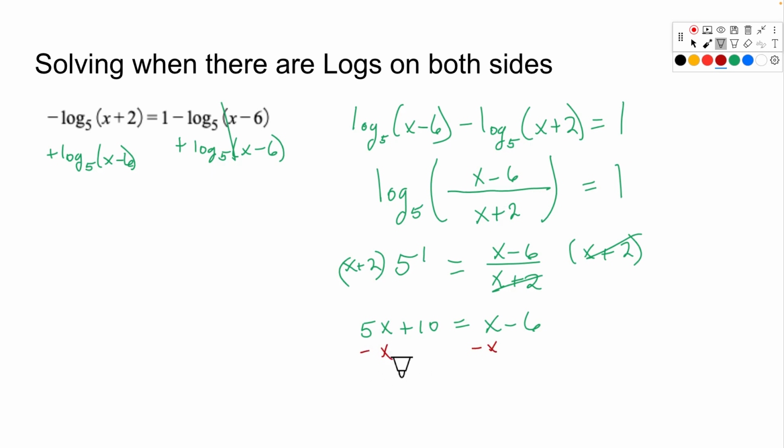Whenever we have x's on either side, we get them together. At the same time, just to save us a little space, I will subtract 10 from both sides, simply because I know the x is going to get over here. 5 minus 1 is 4x. This becomes 0. Negative 6 minus 10 is negative 16. This is 0. Divide both sides by 4. x equals negative 4.